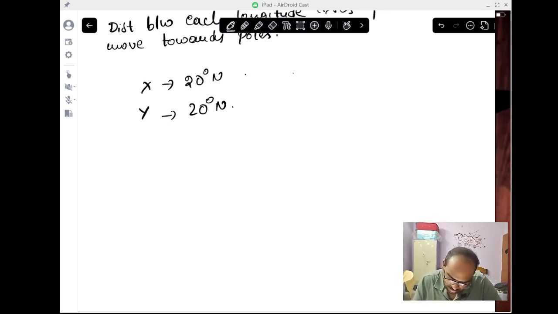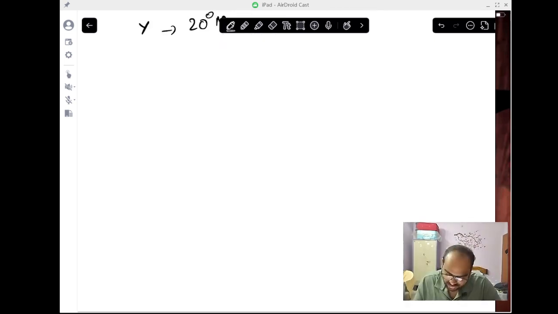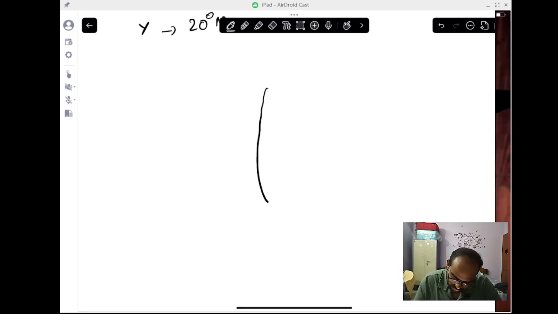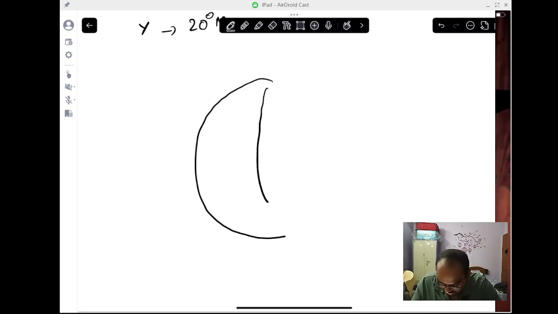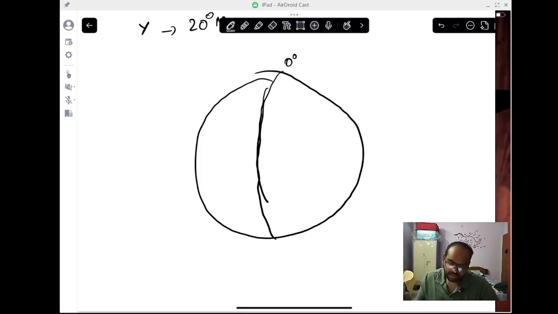So for convenience, we took Greenwich longitude as 0 degree longitude. Greenwich, the one that passes through the British Royal Observatory, is 0 degrees. From here we count the number of longitudes towards east and west.